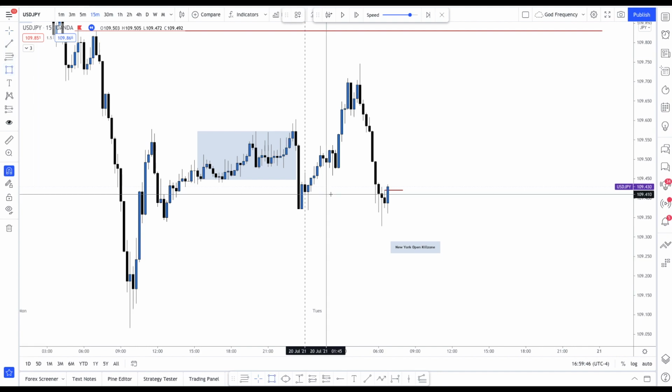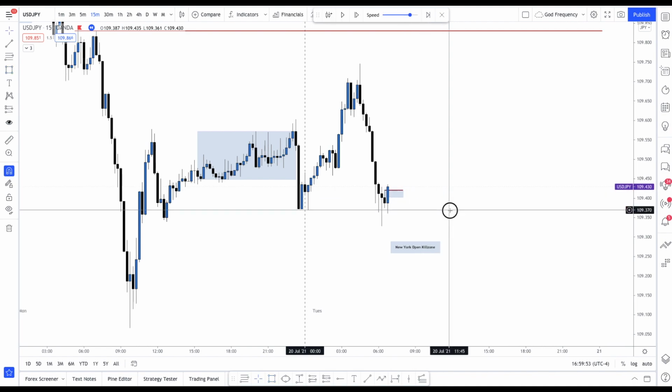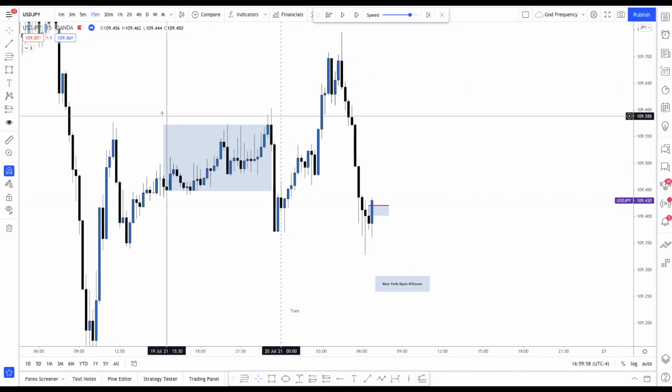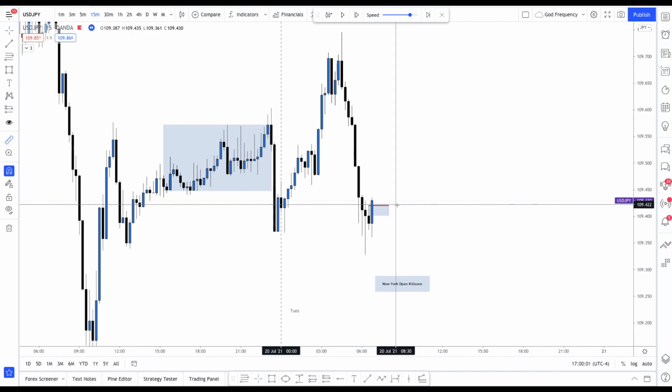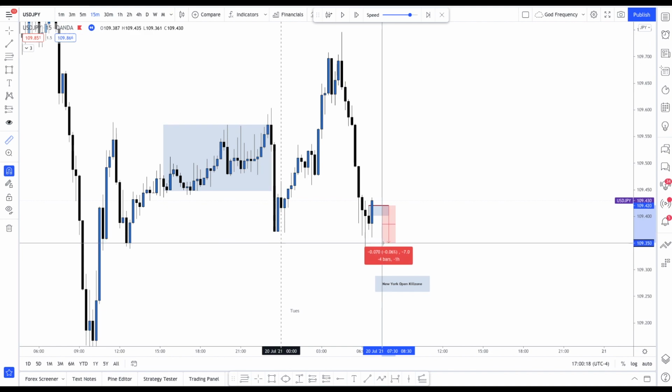Now this is taking a very aggressive approach, which is why I recommend using a pair with low spreads, because we're going to look for entry at that top wick or even at the body. I would take it at the top wick, and I would put a relatively small stop loss right below this order block, maybe a 7 pip stop loss just right below here.